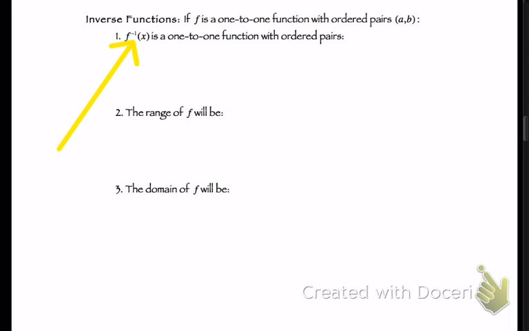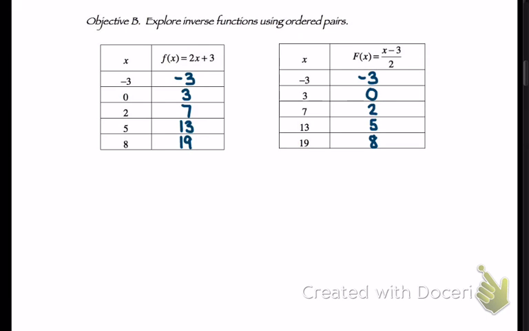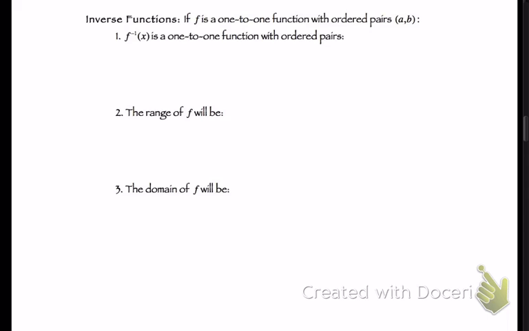Well, think. What did we do here? Well, what we did is we switched the x and the y values, and that kind of gave us our new function. So guess what? I'm going to switch the ordered pairs, and it's going to be b, comma, a. Okay, that's not bad.